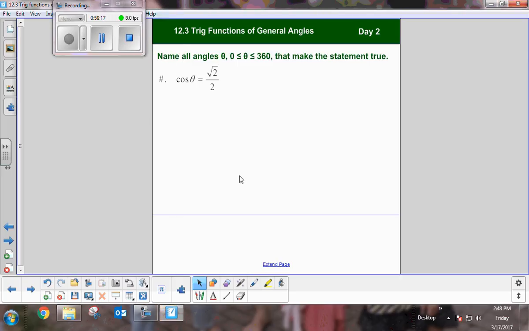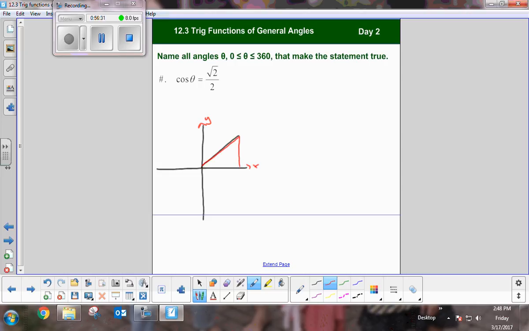So the name all angles, you might be able to recognize this. Cosine is positive here in the first quadrant because everything else is, but it's also positive in the fourth quadrant. So we have this triangle also. And if we find our reference angle here, we can do it.